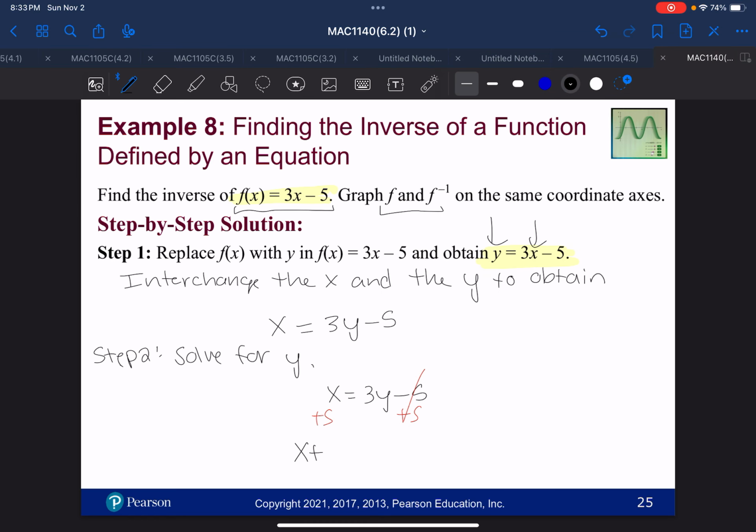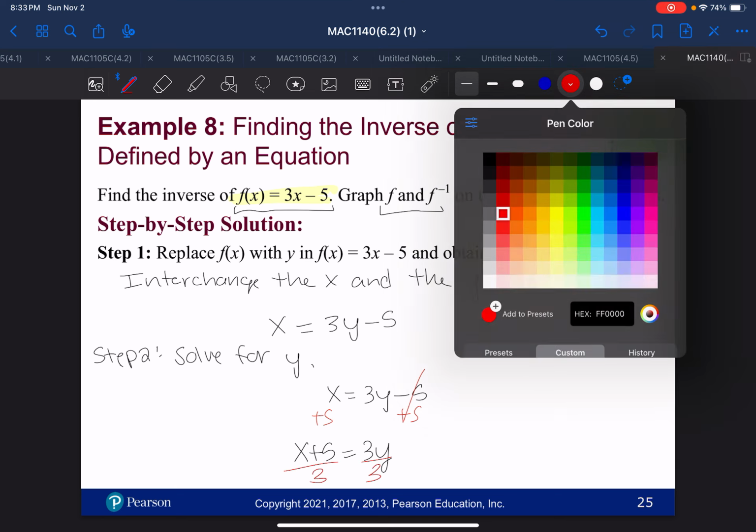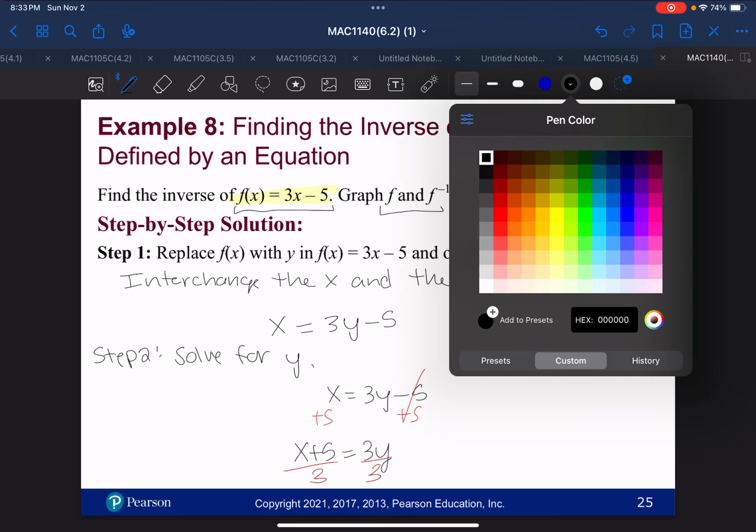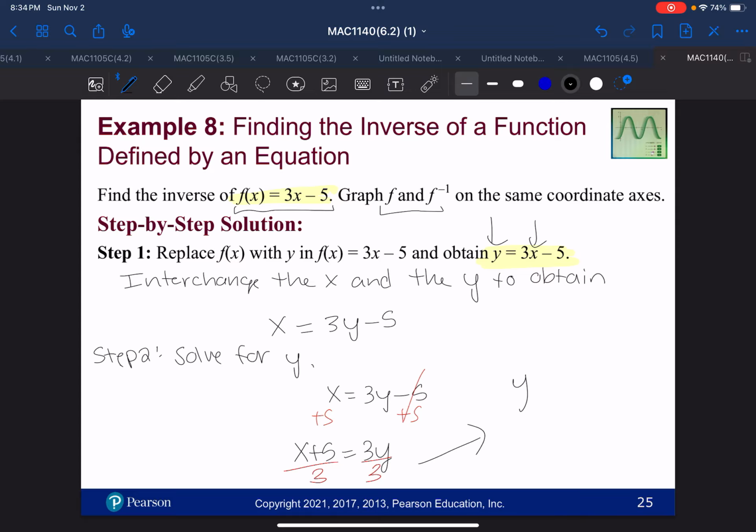This leaves me with x plus 5 is equal to 3y, and then I will divide by 3 on both sides to obtain that y is equal to x plus 5 over 3. And then I can exchange that y with the inverse notation of f. So our inverse function is x plus 5 over 3.